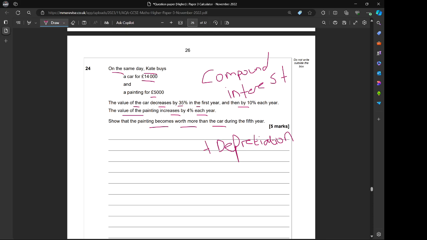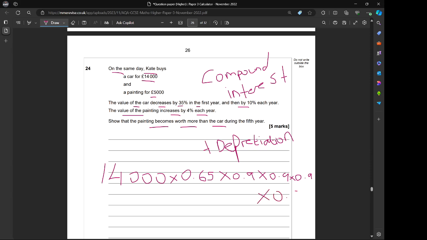Step one: the value of the car after year one is 14,000 times 0.65. Then 10% each year, so I multiply by 0.9 for the second year, again by 0.9 for the third year, the fourth year, and the fifth year.